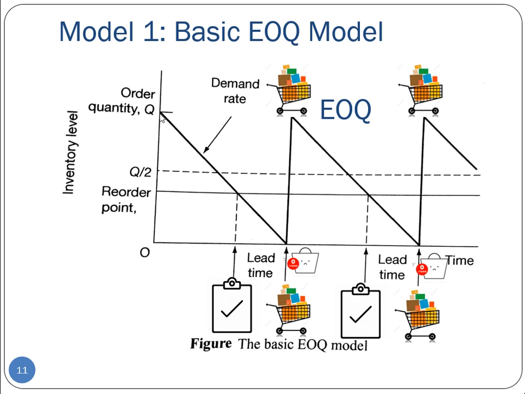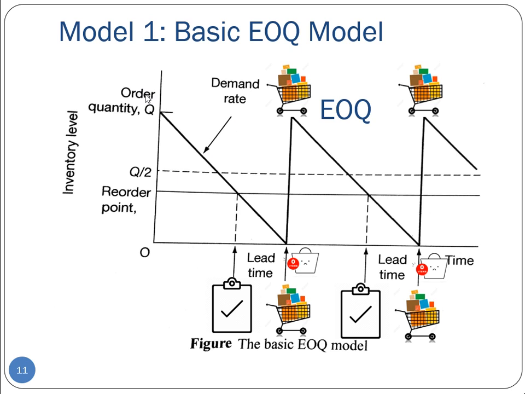It means Q, the lot size, is the maximum over there. Then on a daily basis the consumption starts, the cycle begins, and then one day comes when there is 0 inventory. Now in that case he gets the order delivered, and the inventory is full over there.